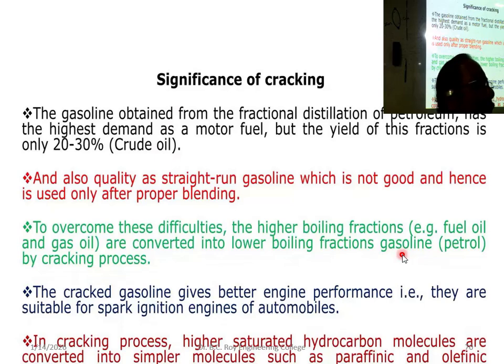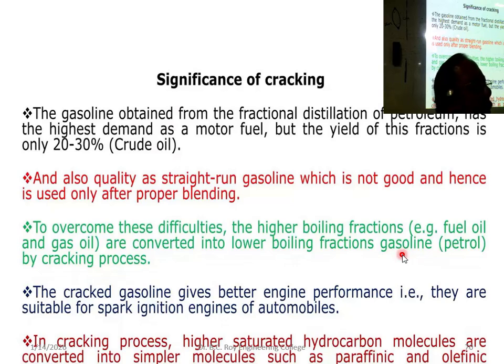Only 20 to 30% is petrol. If you take 1 liter of crude oil, you are getting 200 ml of petrol, more or less. Then 800 ml is for other things. Only 20%, 25% you are getting as petrol. But that is the most essential.